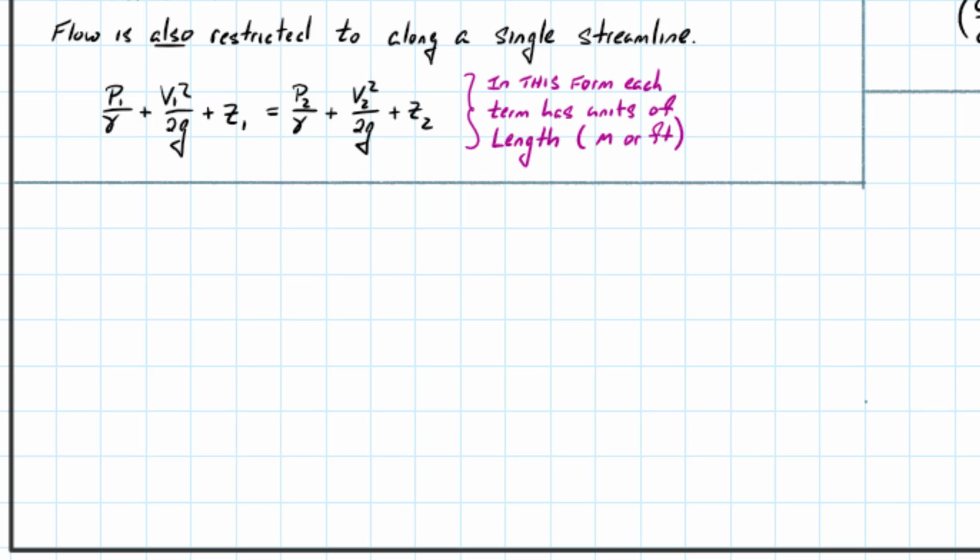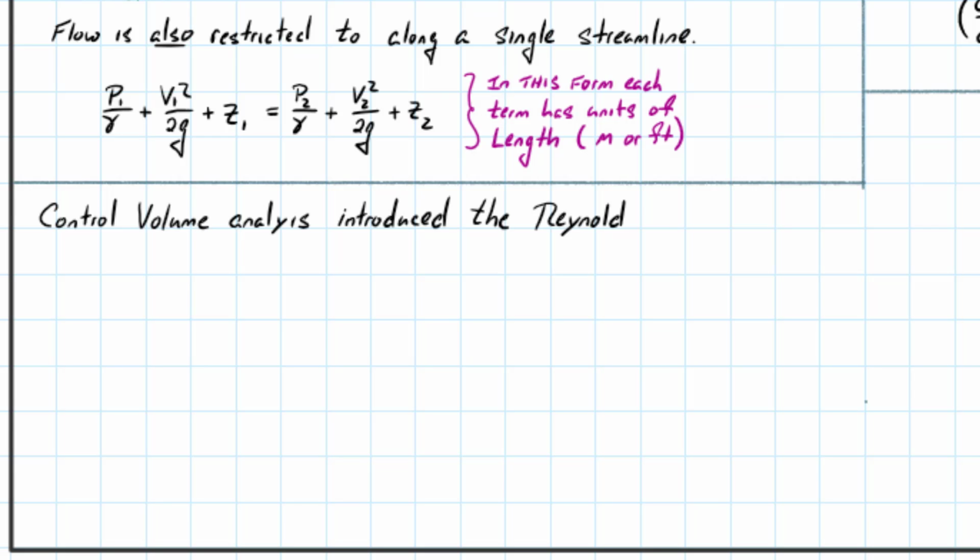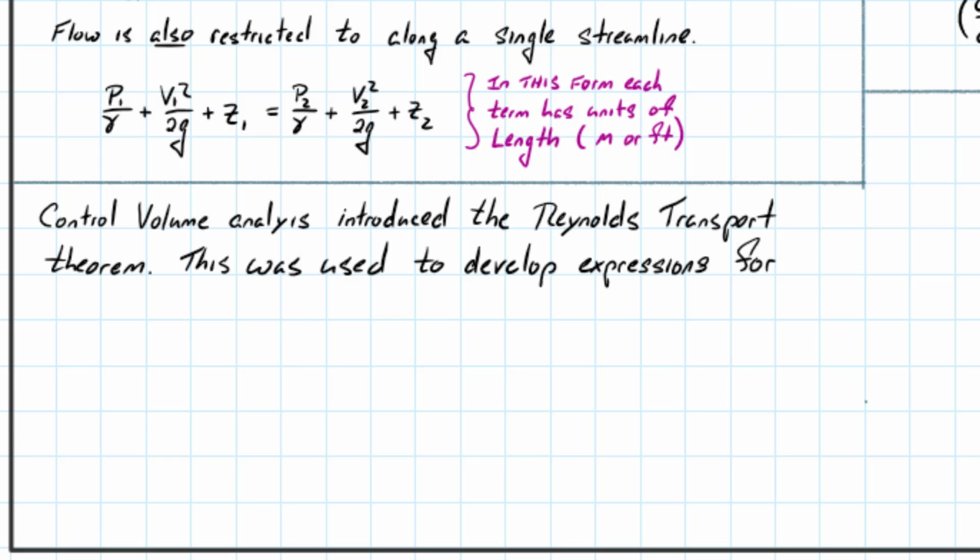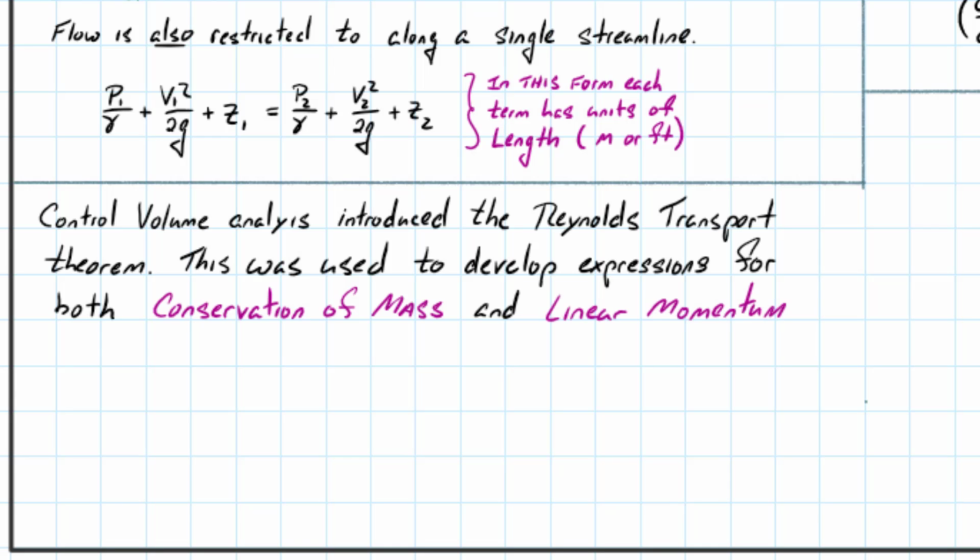So the next element that we need to consider to put all our stuff together is the control volume analysis that we used, and that introduced this concept of the Reynolds transport theorem. And together, this was used to develop expressions for conservation of mass and linear momentum.